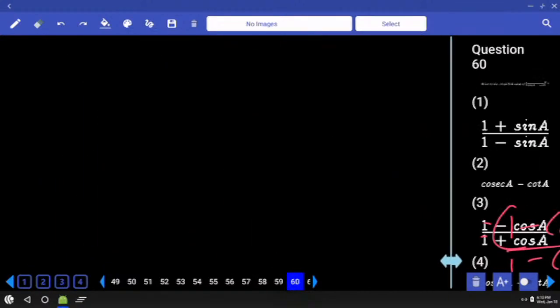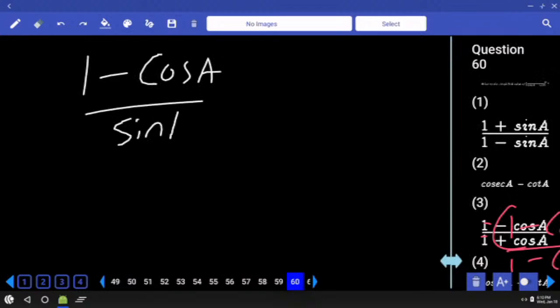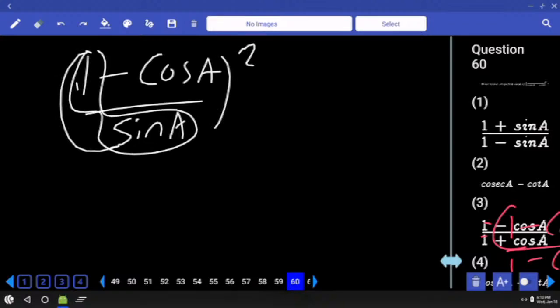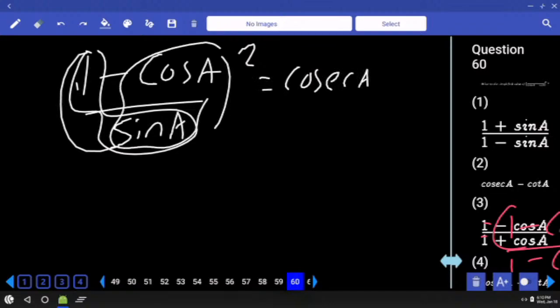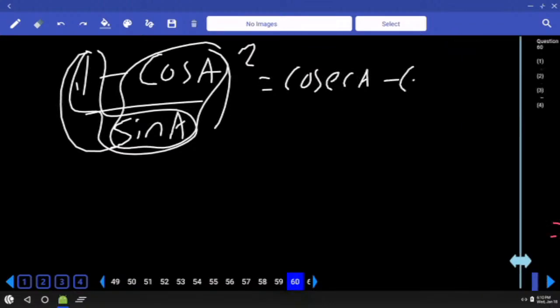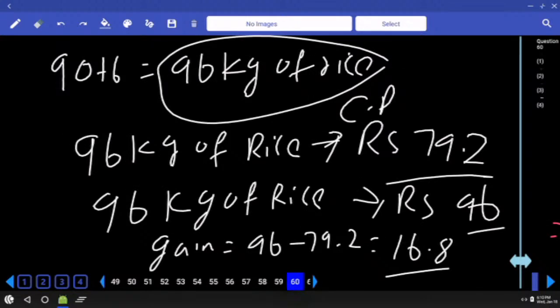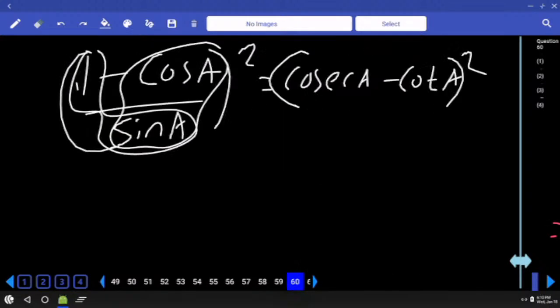Sin square A. Is it not 1 minus cos A by sin A whole square? What is 1 by sin A? Cosecant A. And what is cos A by sin A? Is it not the same option we got here?